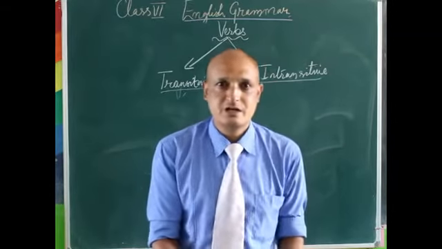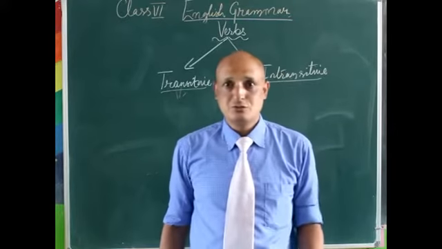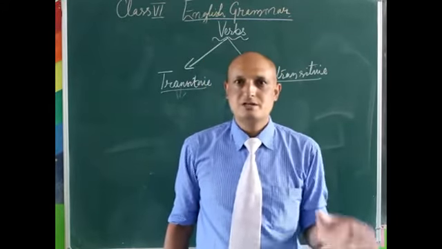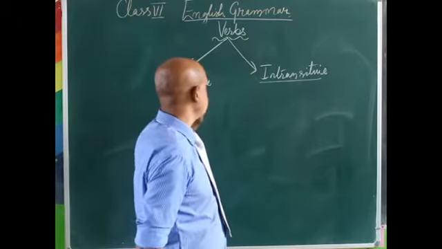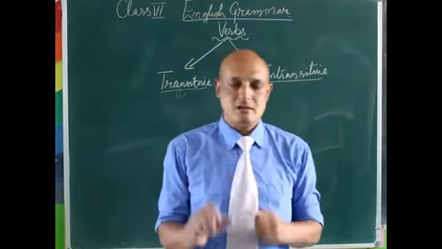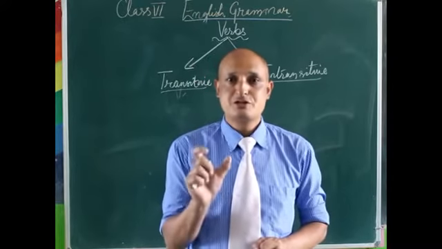The rest of the things we will continue in the next class. To revise, or to have more knowledge about it, or to understand these verbs clearly, transitive, intransitive, direct object, indirect object, there are certain exercises in your textbook. Please do them.